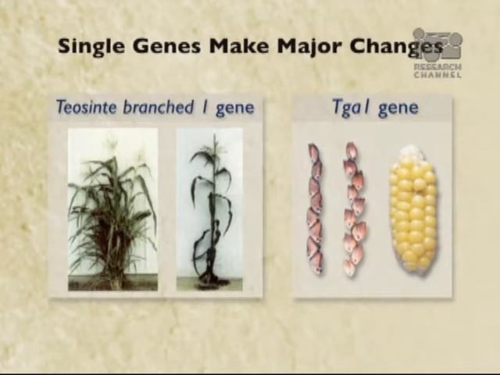For example, mutations in a single gene called teosinte branched 1 can take a single linear-like corn stalk and produce a more bushy plant that looks like teosinte. Conversely, there's a second gene called TGA1 that plays a key role in seed and fruit case morphology.